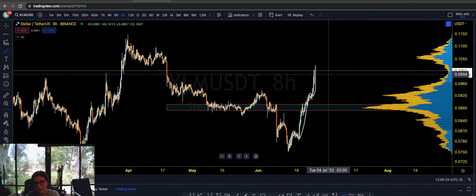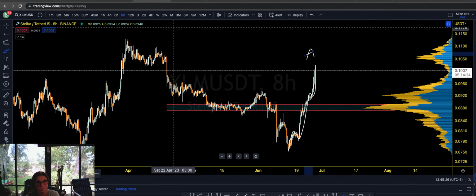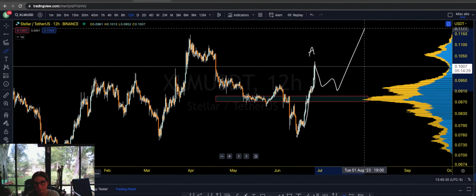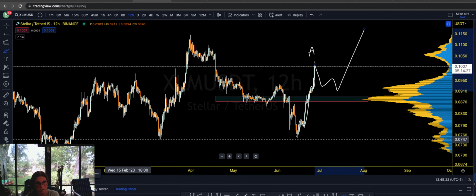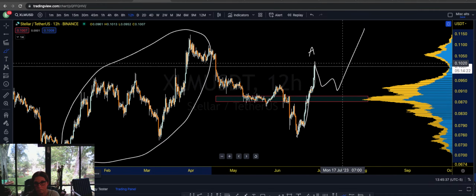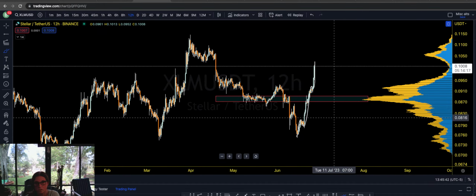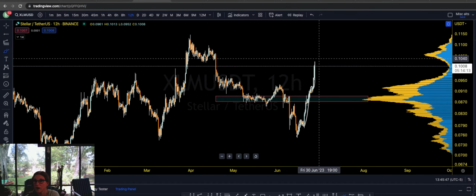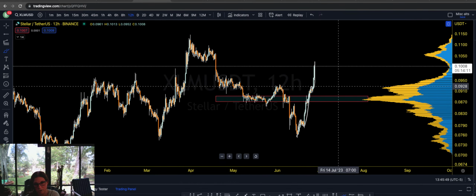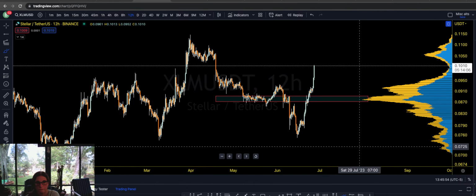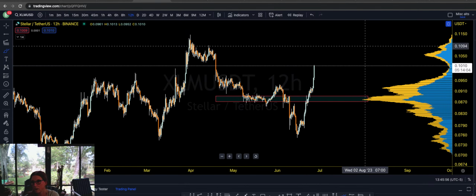Worst case here is this is an A wave, and then it's going to pull back for a B and give a C. This looks like it's about to put in something that looks like this over here. Don't FOMO into this. That is my best advice. Wait for the correction. Okay?